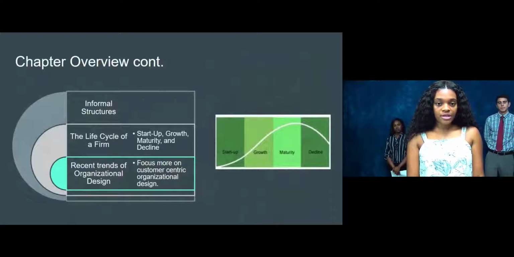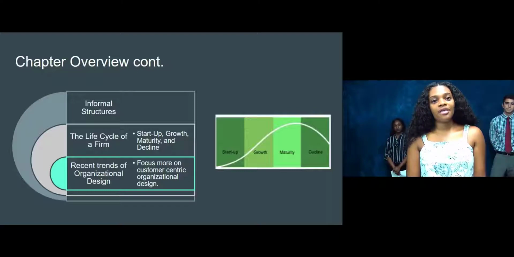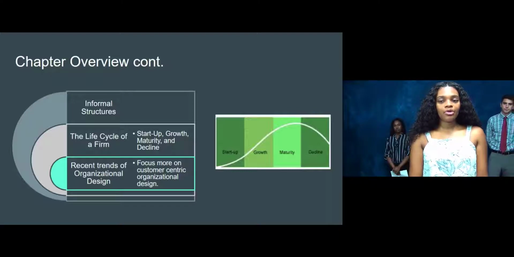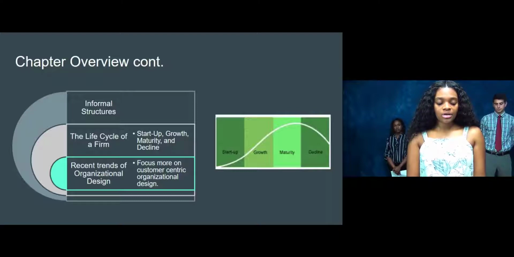All right, we already talked about informal structures, and now we have the life cycle of a firm. There are four phases: startup, growth, maturity, and decline. During the startup phase, there is less job specialization, broad decision rights, and open boundaries.